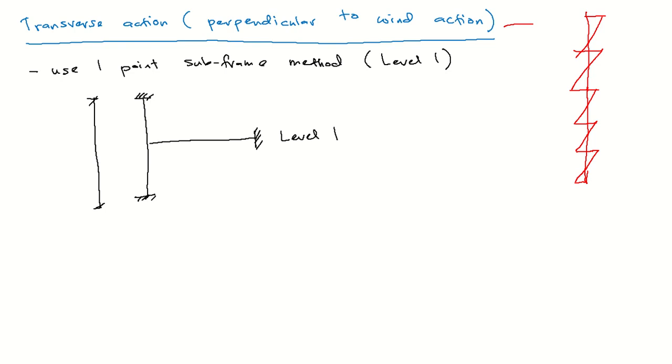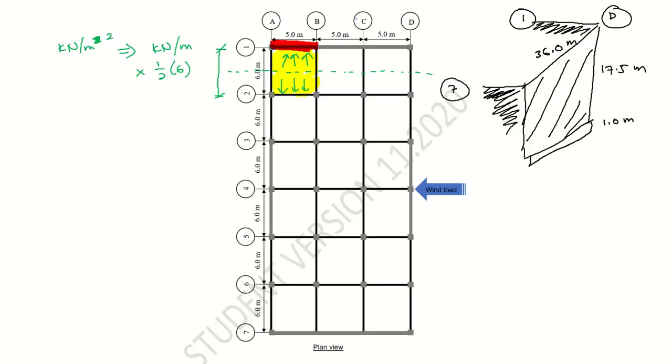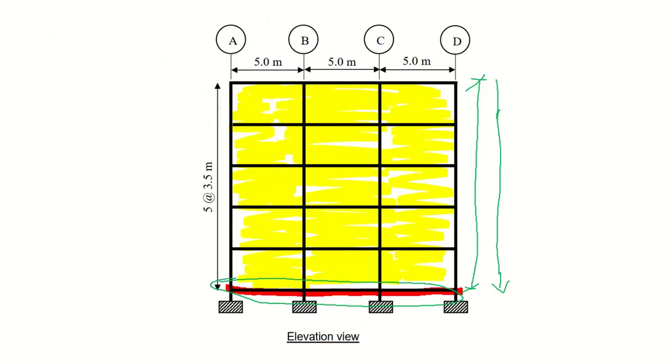So what are the heights here? Level 1, level 2, level 3, level 4, and level 5. You have here the height of the building, 5 times 3.5. It means that each floor is 3.5, 3.5, 3.5.